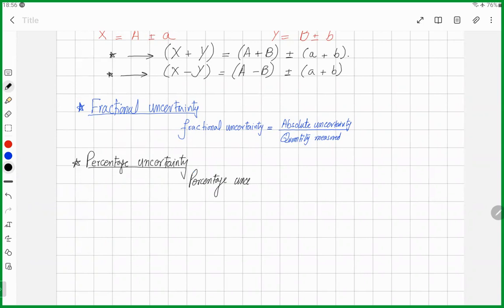Percentage uncertainty equals fractional uncertainty multiplied by 100.